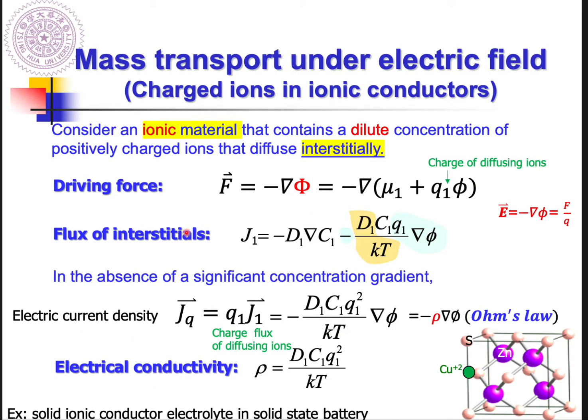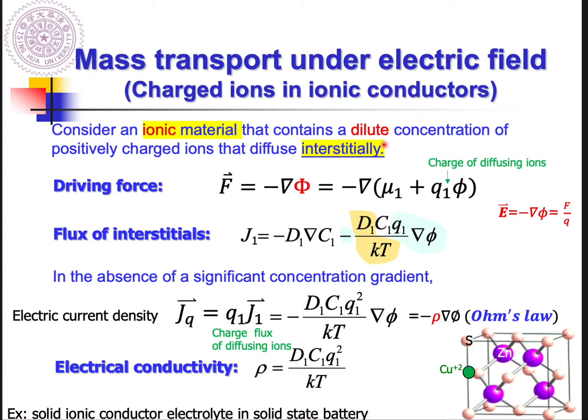Okay, so in the first category, what we talk about is the ionic materials. People will dope some positive charge at the interstitial site, and the concentration will be dilute.